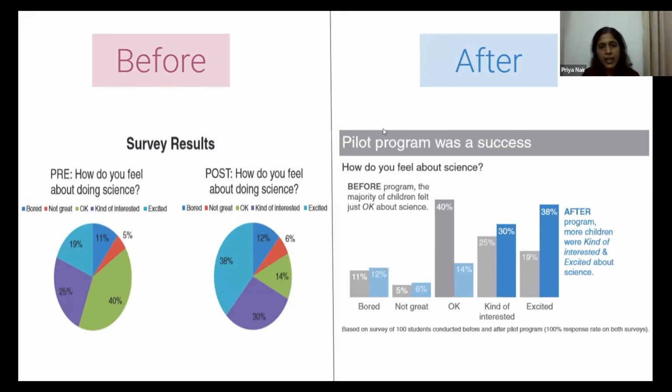And see how the title has been put, like pilot program was a success. So you're directly giving the message over there. And also, if you look at the labels, they have been directly labeled, all those bars, 40%, 11%, 12%. It is directly put on the bar graph itself instead of on the y-axis.